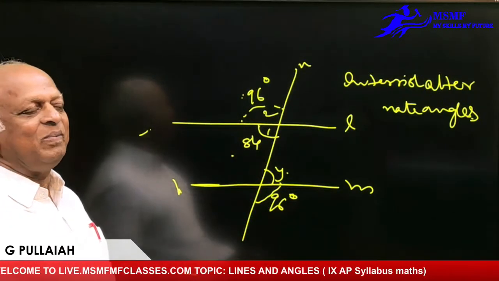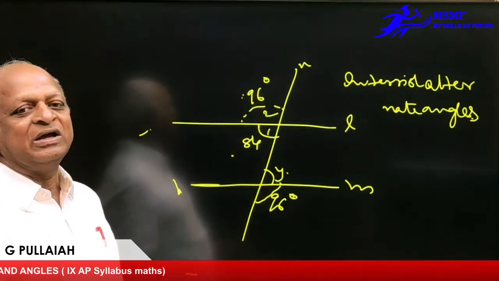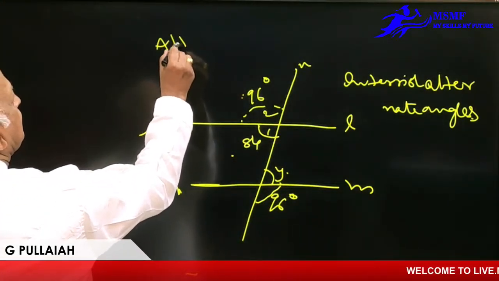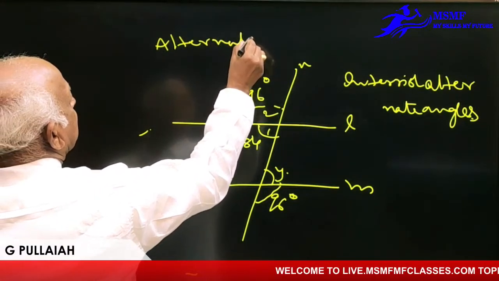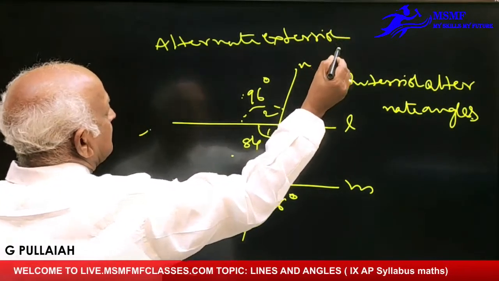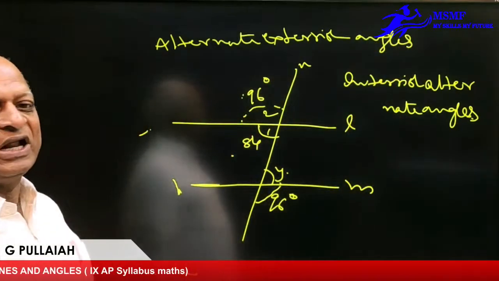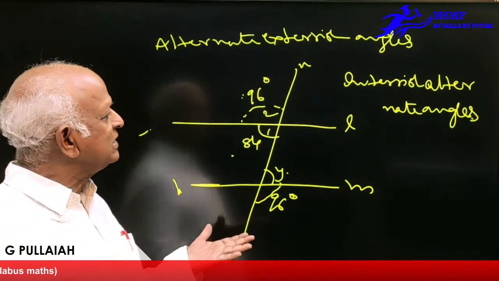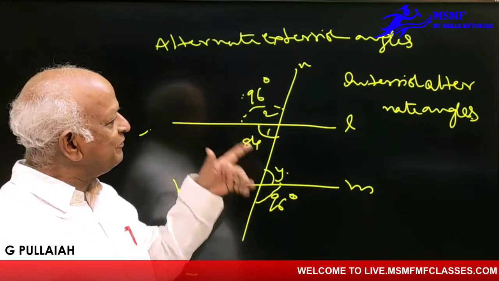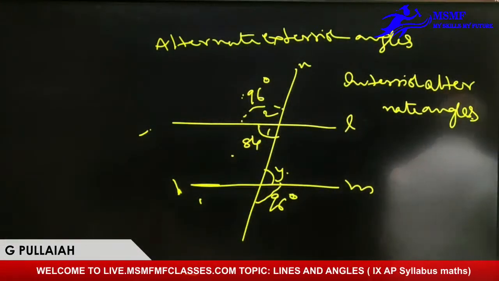So the alternate exterior angles are always equal. Alternate exterior angles are on different sides of the transversal and they are exterior angles. Okay.